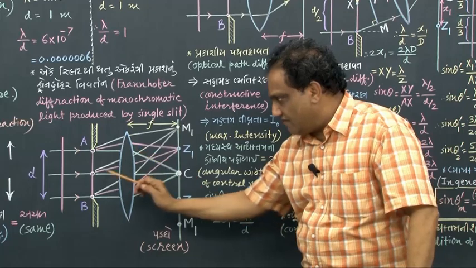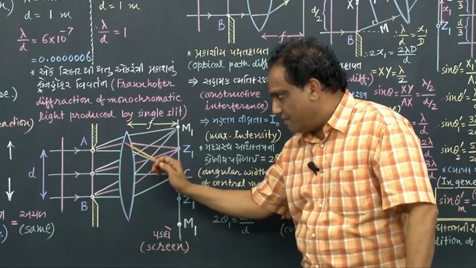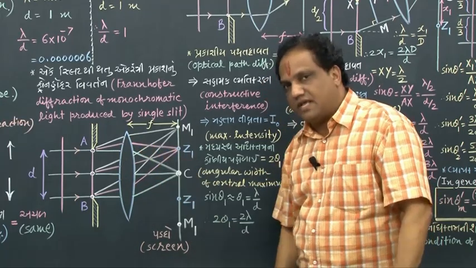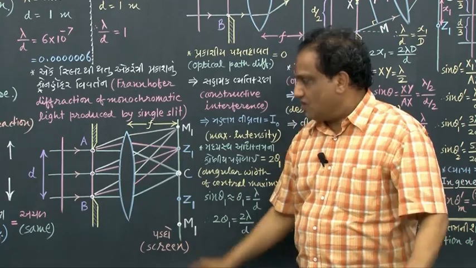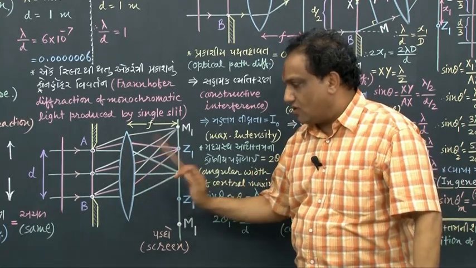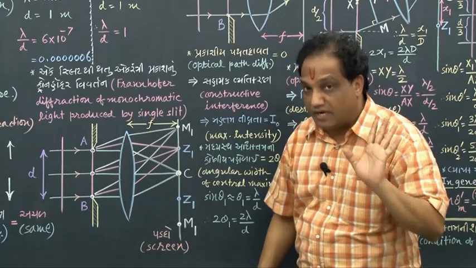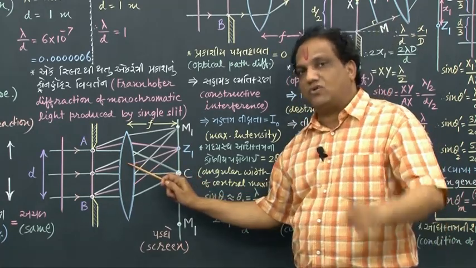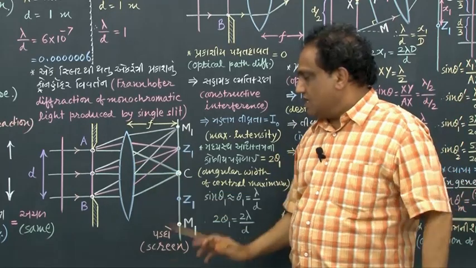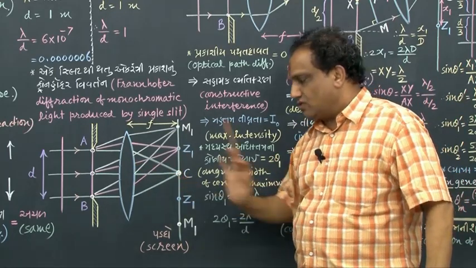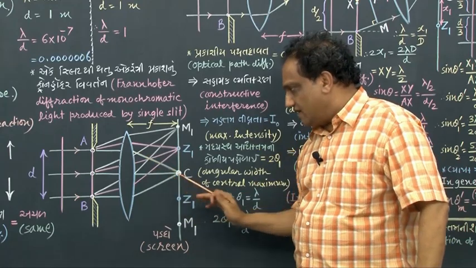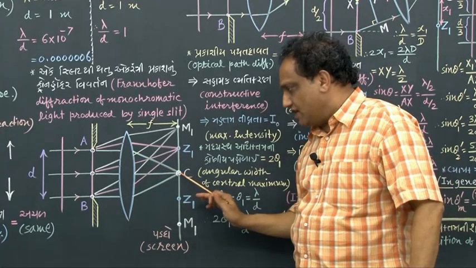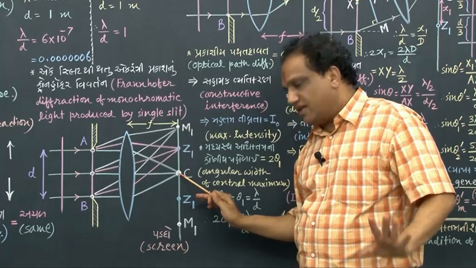They are made incident on this convex lens, and what is the job of the convex lens? Light rays parallel to its principal axis will be focused by this convex lens on its principal focus, where all these light rays will be superposing, correct?